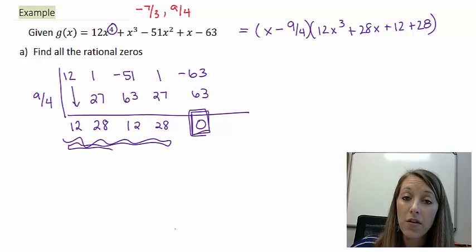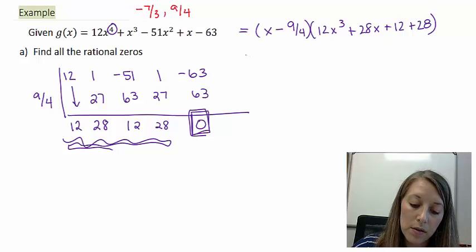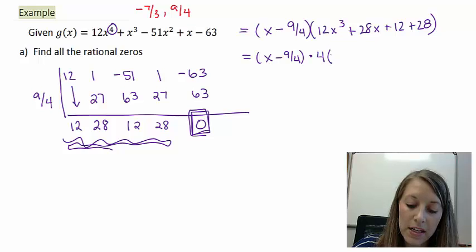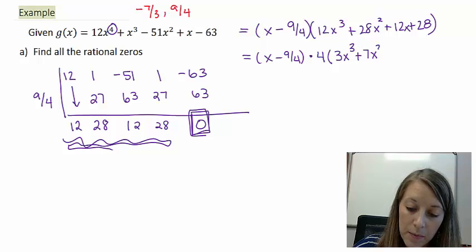So now I want to continue factoring it using the methods that we know how. If I factor it now, I can pull out a common factor of 4. So I have x minus 9/4 times 4. And then if I take that out, that leaves me with 3x to the 3rd plus 7x squared plus 3x plus 7.